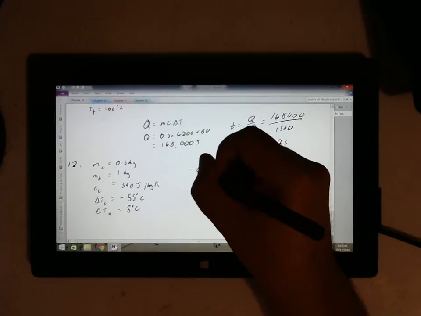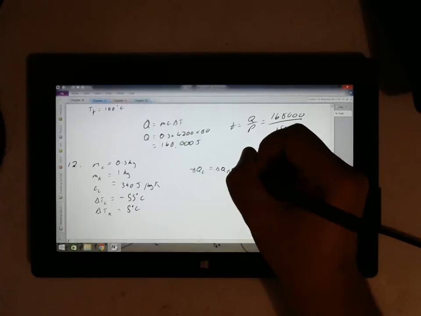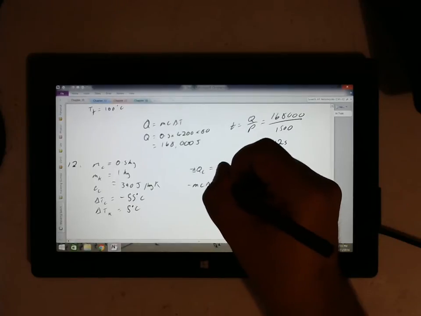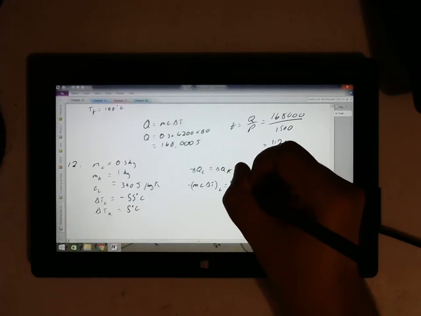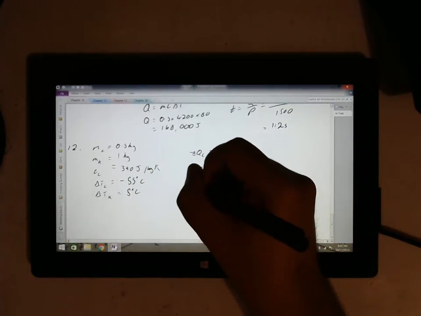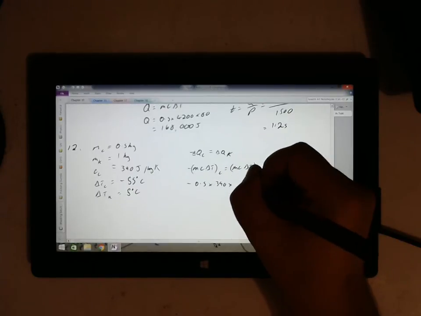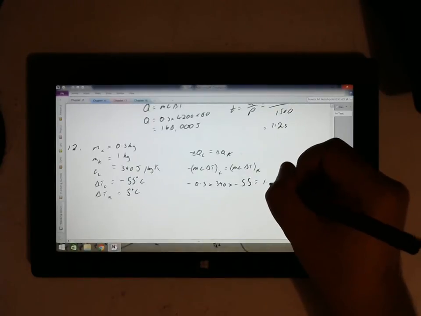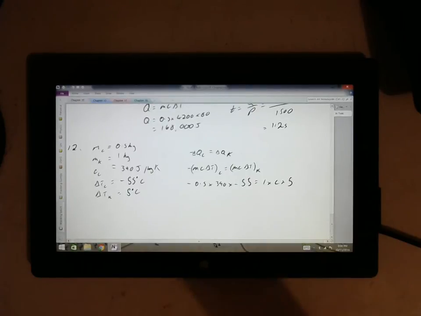So minus Q of the copper equals the change in heat of the kero. Minus MC delta T of the copper equals MC delta T of the kero, and if we do our substitution, minus 0.5 times 390 times negative 55, and the two negatives we can see will cancel, equals 1, so that we can ignore, times C times 5, and let's put those in.